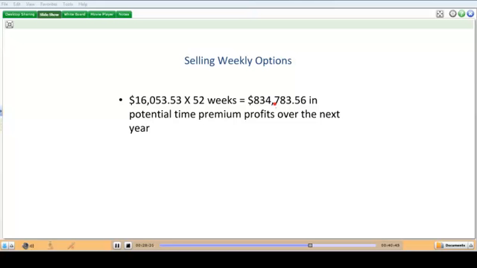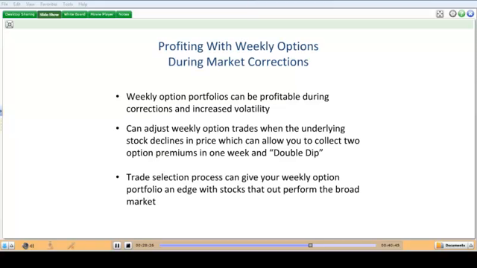And this strategy works good during market corrections, and you can adjust the trades, as I mentioned before. If the market moves against you, you simply close out that short trade, and then sell another premium. And I'll show you an example of that here.